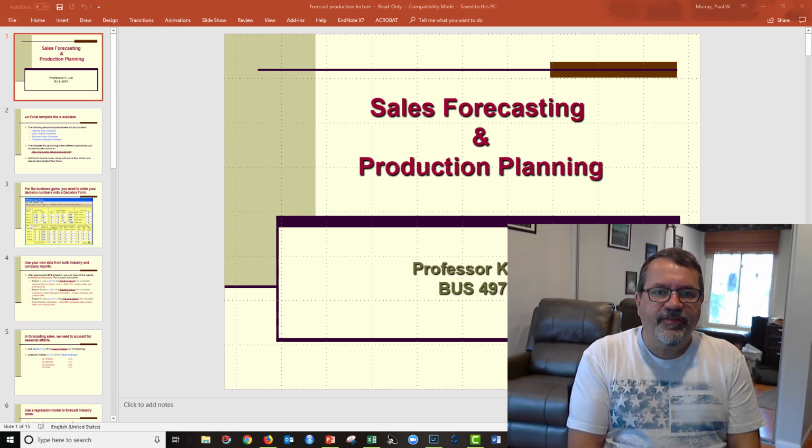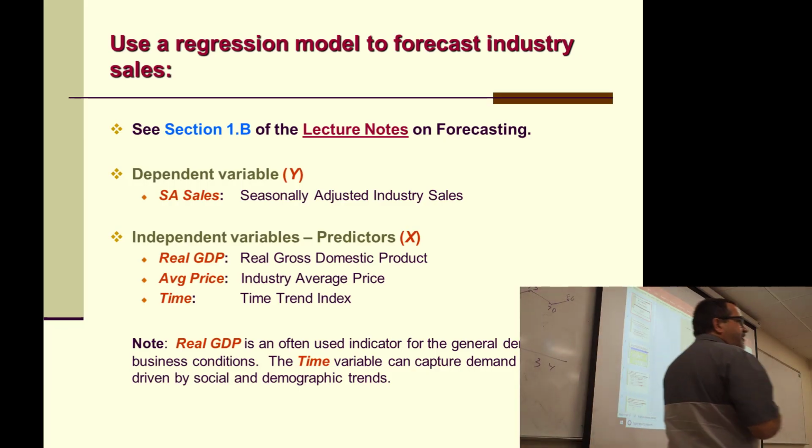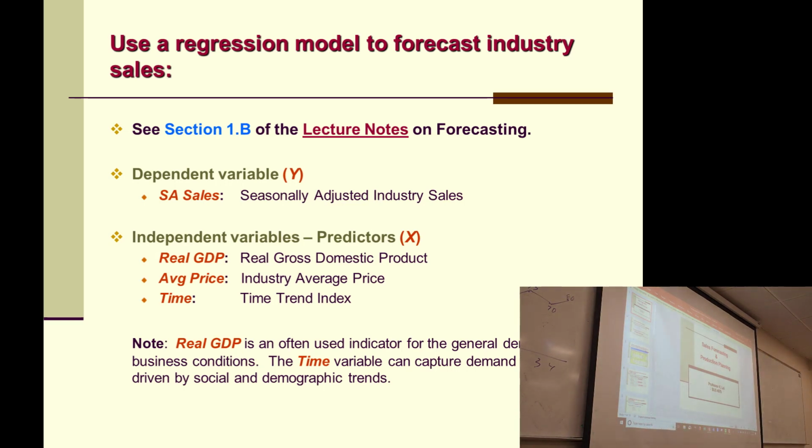So the sales forecasting production planning was developed by Dr. Lay, and this is my presentation of his lecture. There are three things that we're going to consider when you're forecasting. One is the historical data, what happened in the past.